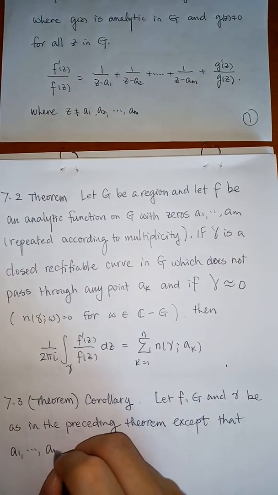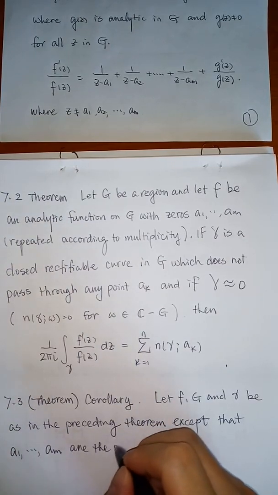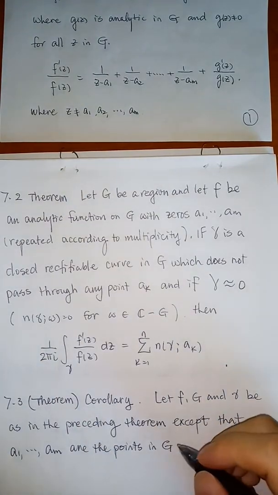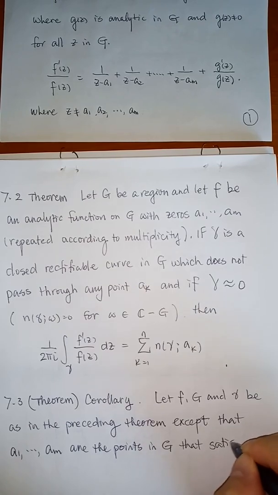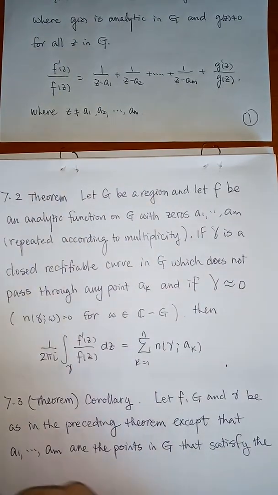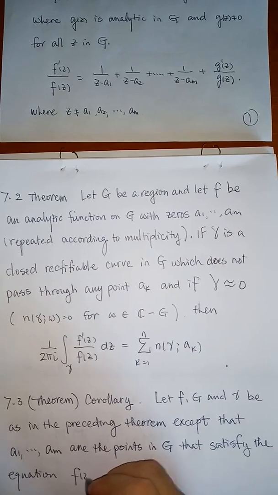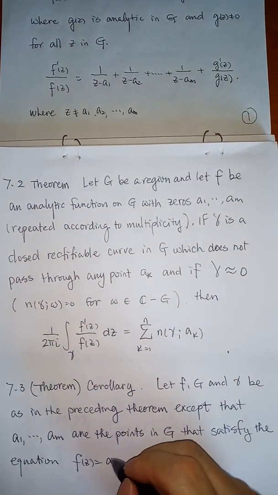A1, ..., AM are the points in G that satisfy the equation Fz is equal to alpha.